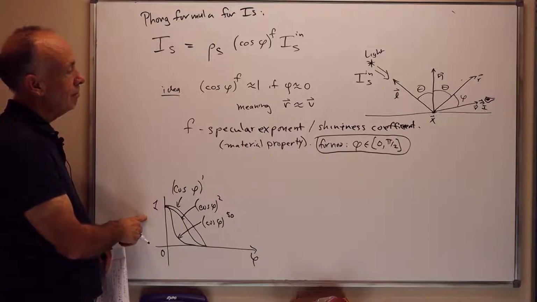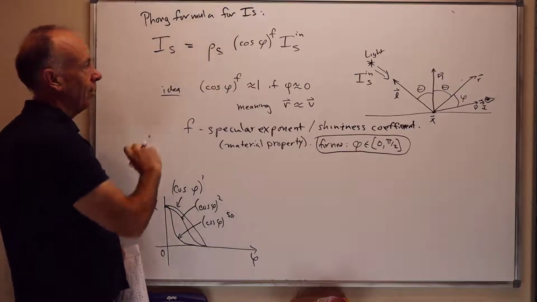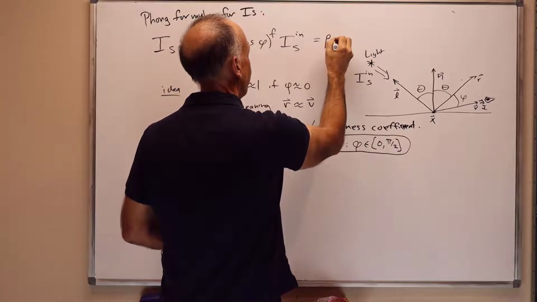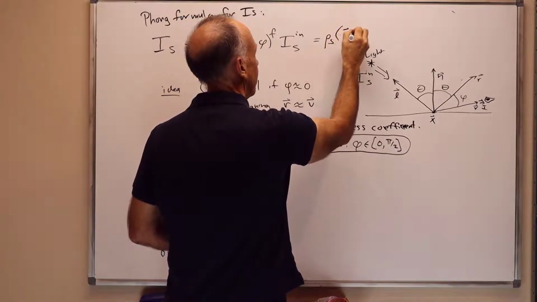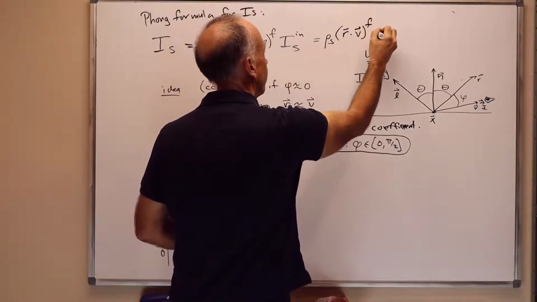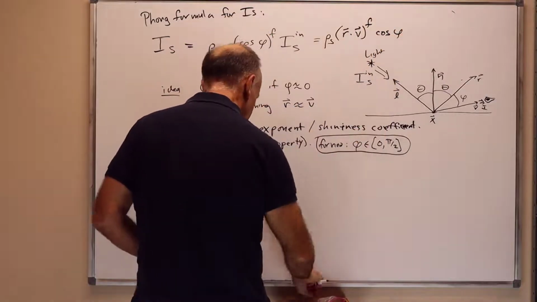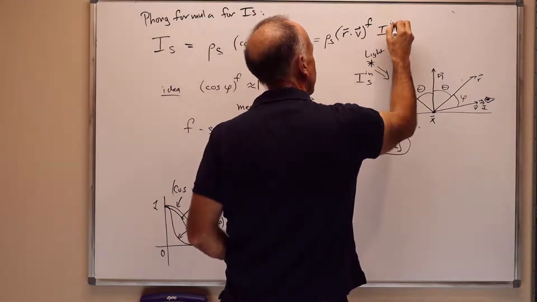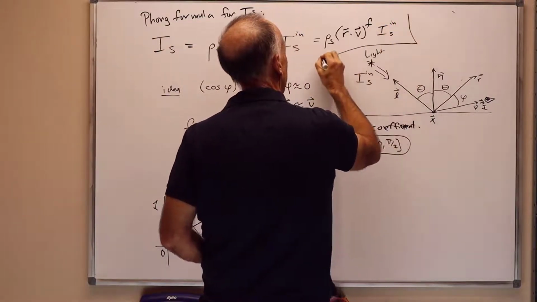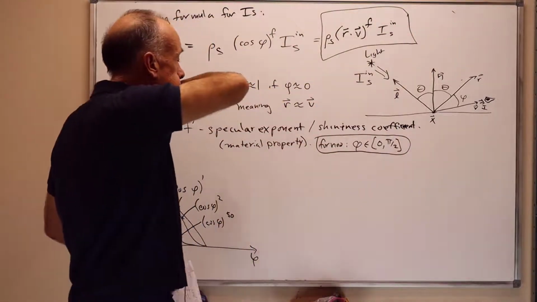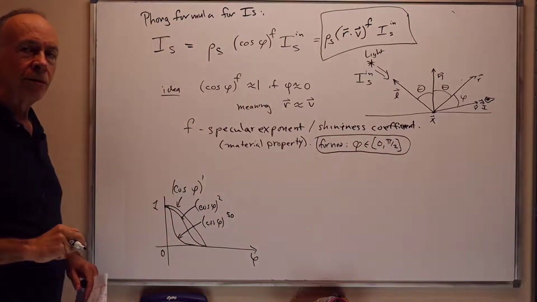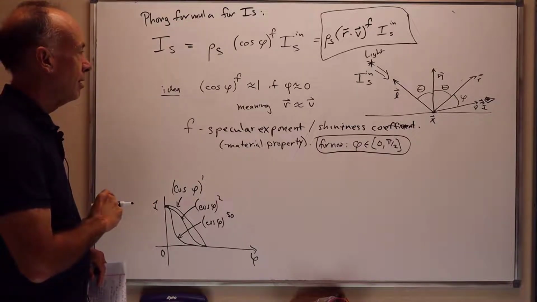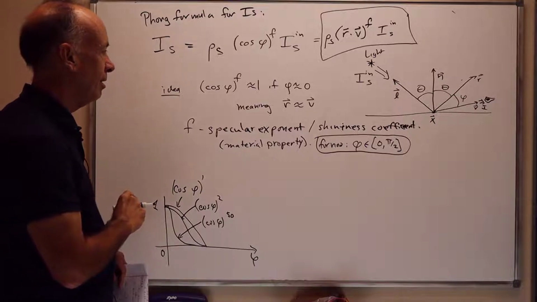Now, this involves a trig function. We'd like to avoid that, so we can actually simplify this by saying this is the same thing as Vs times R dot V, to the f times I in S. And this is the formula that would typically be used for the Phong calculation, but it only works when cosine of phi is between 0 and pi halves.